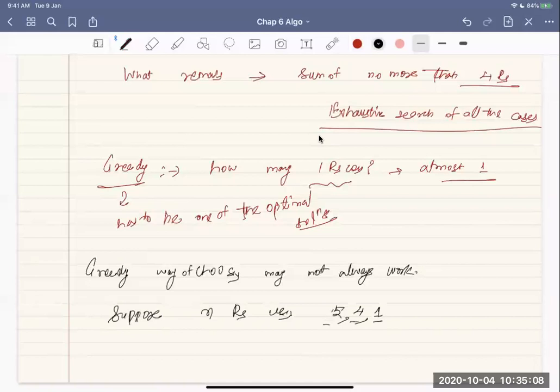Now instead of 2, we have given denomination 4. Now, can you use the same greedy property? That as long as you can use 5, use 5. If you cannot use 5, use 4, otherwise use 1. So, will my greedy property still work?